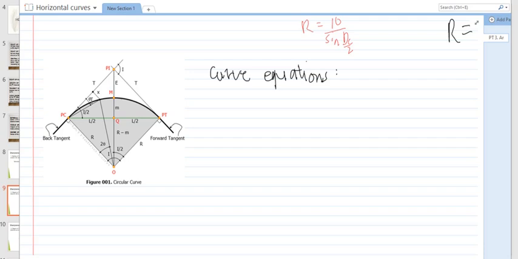Okay, we will now analyze the curve in order to compute for the equations of the given.